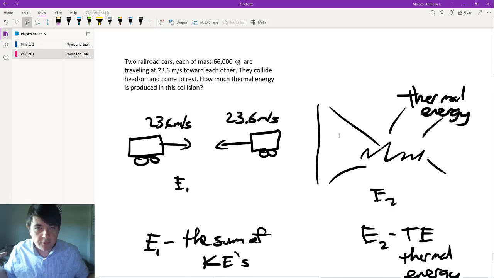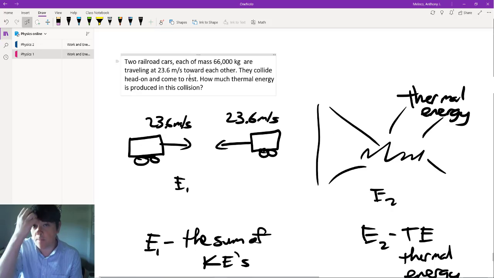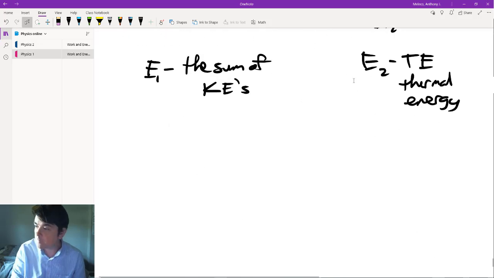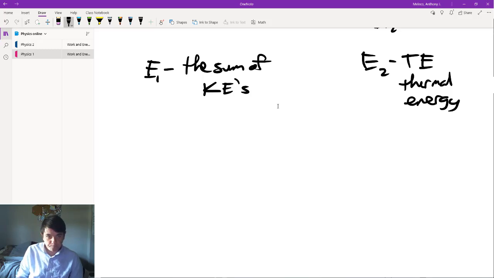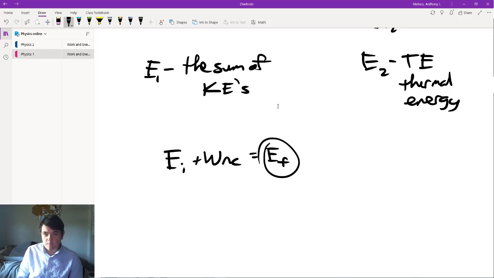They're going to collide with each other. They're not going to be moving anymore. There's no more kinetic energy. What we're being told is that all of that energy is being converted into thermal energy. Okay? So, what we end up doing then is we've got EI plus non-conservative work equals E final. Okay? So, there's 2 ways you can do this.